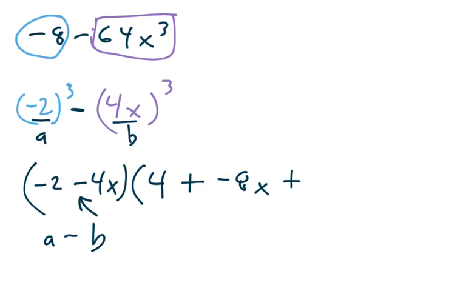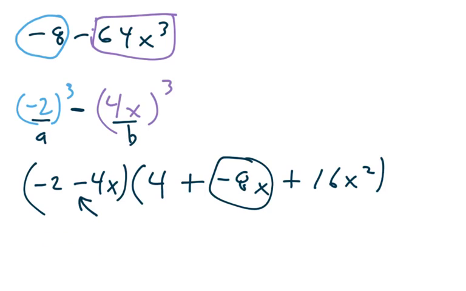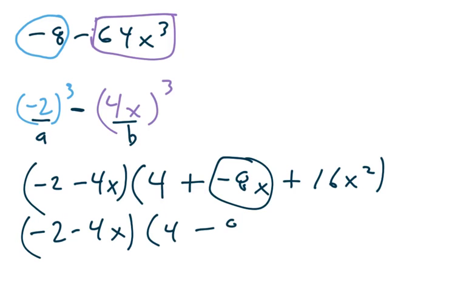And finally, I'm going to add B squared. 4x times 4x is 16x squared. Now notice, I do have a negative to deal with here. So long story short, the correct answer is negative 2 minus 4x times 4 minus 8x plus 16x squared.